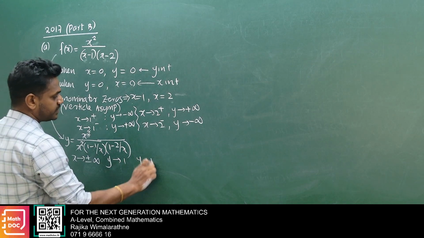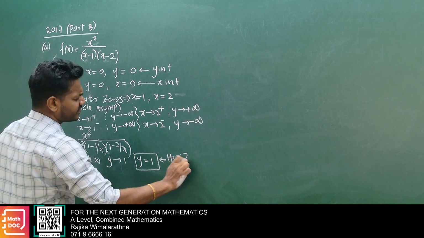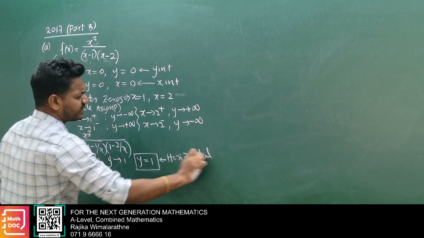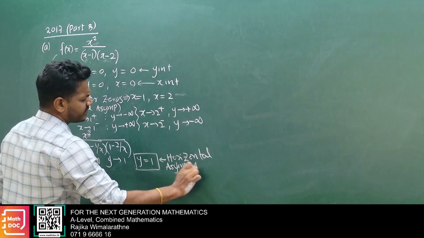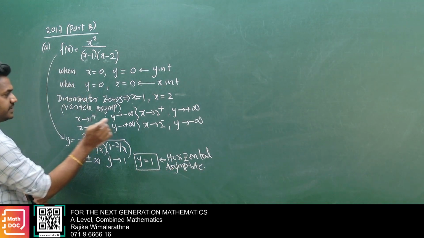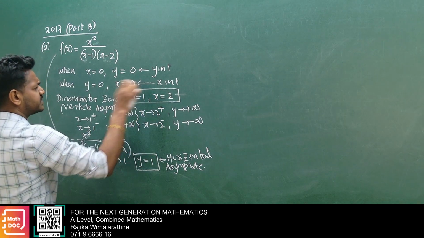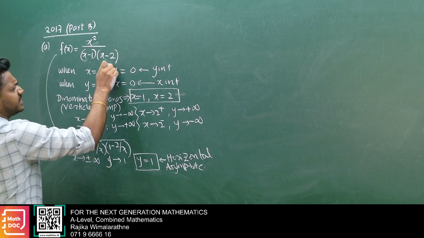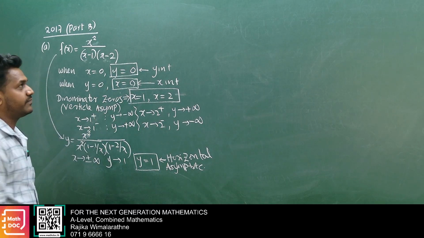Then y equal 1 is the horizontal asymptote. Then 2 vertical asymptotes. Y-intercept, x-intercept, that means it passes through the origin.